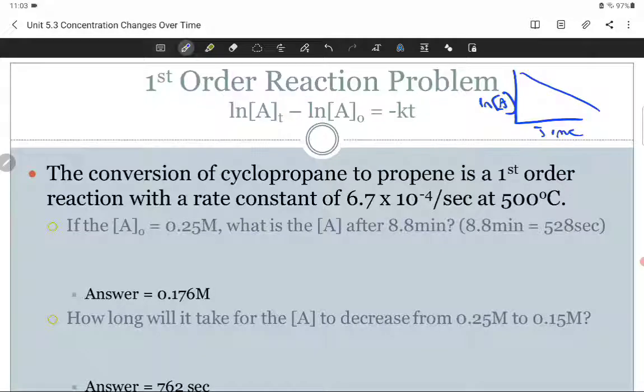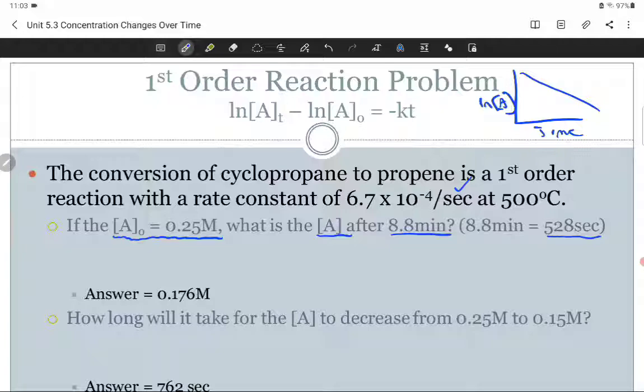So then they took the negative slope of that line, and that's the K value. Okay, so this question says, hey, we start off with 0.25. What would be the concentration after 8.8 minutes? Now, we can't use 8.8 minutes in the question because the rate law constant is in terms of seconds. So I've already done that conversion for you guys.